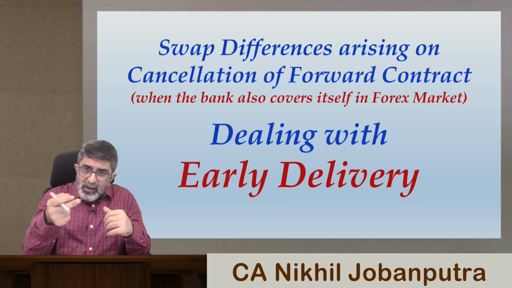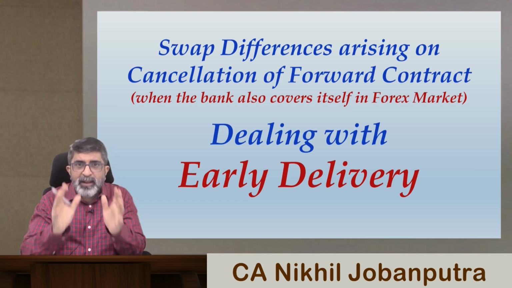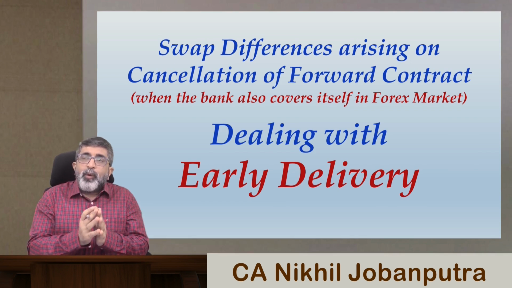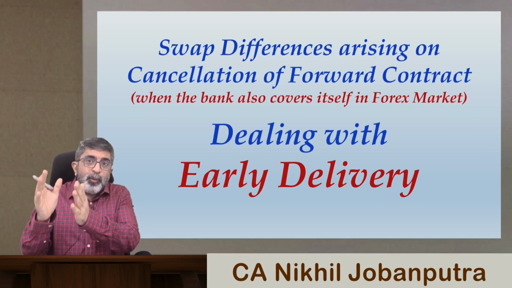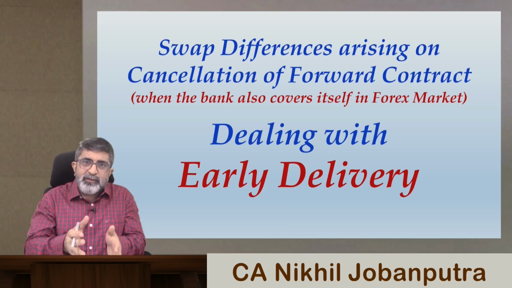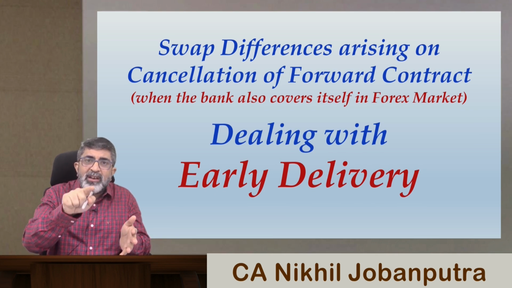In that case, because of this possibility, some action has to be taken by the exporter. So what happens? The amount that was supposed to come after 3 months has been received just after 2 months, that is 1 month before the actual settlement date.